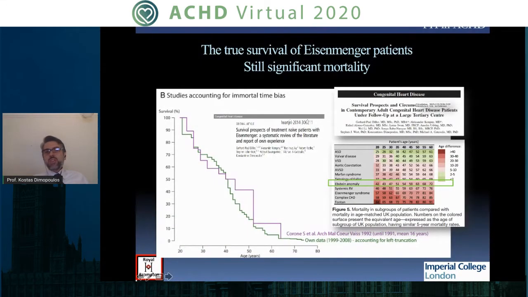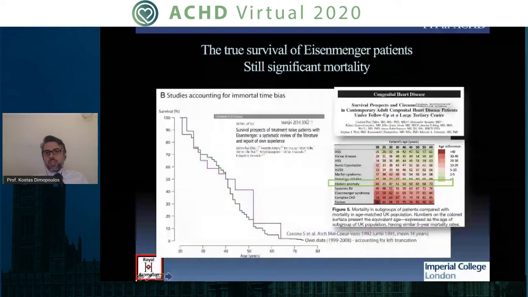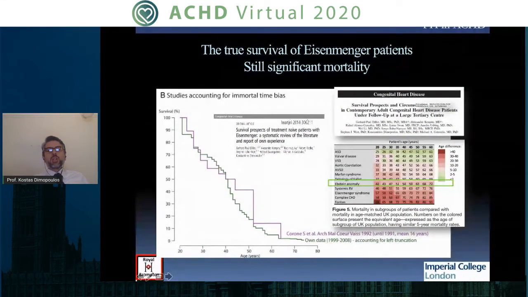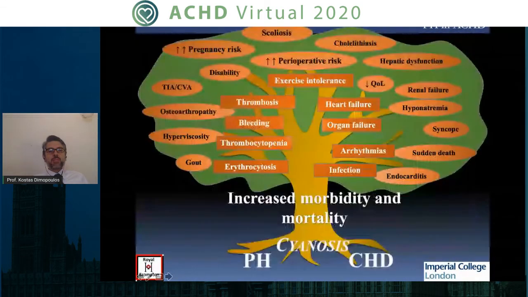Indeed, the true survival of Eisenmenger patients is still not good over the years. In treatment-naive patients, this is beautiful data presented by Gerhard Diller, showing that Eisenmenger syndrome, which is down here, you see a patient in his 30s has a biological age of 62. So the prognosis of this patient is guarded even nowadays.